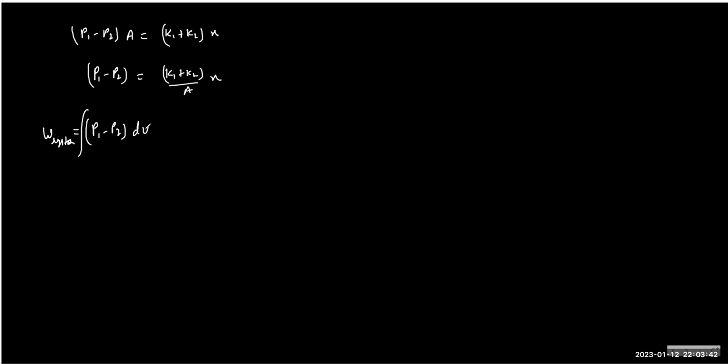This integration, yes, sir, which you can add as (K1 plus K2) times X, and dV is A dx. So the total work done by the system is how much? Half (K1 plus K2) X square. Yes, sir. Which means out of all energy, this much is consumed in work, right?